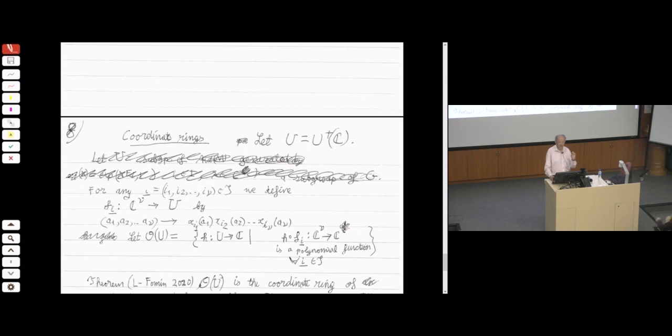That was defined, and now we define a map from C to the nu to this group U by a1, a2, ..., a nu goes to xi1(a1), xi2(a2), ..., xi nu(a nu). So this is a product in U plus of C.